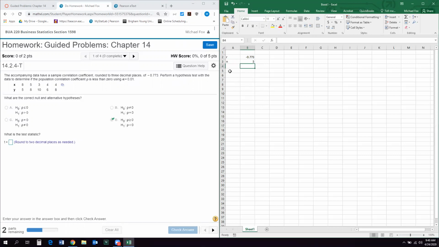So again, my t-test statistic is going to equal r divided by the square root of 1 minus r squared, that's the numerator, over n minus 2.